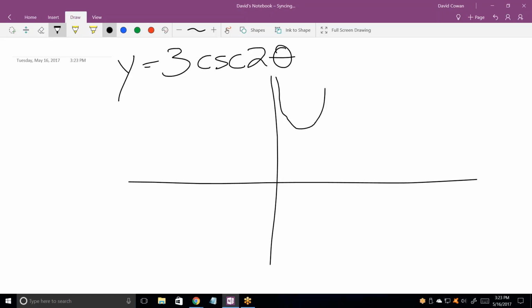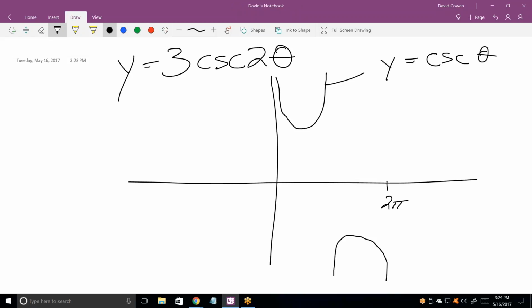So normally cosecant would look like this. That would be one period, this would just be y equals cosecant of theta. And it would go from 0 to 2 pi.